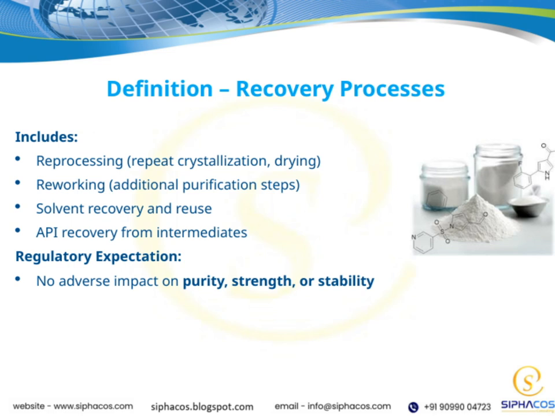Reworking, on the other hand, includes additional purification steps to improve purity or remove impurities. Another important element is solvent recovery and reuse. By recovering solvents, we reduce waste and environmental impact while also saving costs. Similarly, recovering APIs from intermediates allows us to maximize yield and minimize waste.